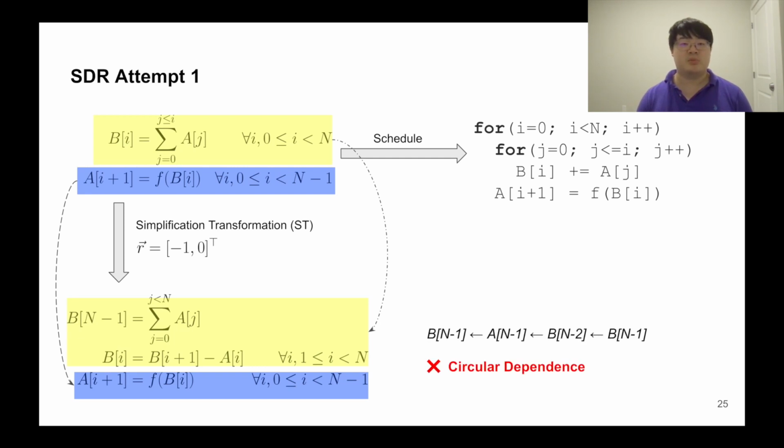Unfortunately, this output program has a dependent cycle. For example, observe that to compute b[n-1], we need a[n-1], and to compute a[n-1], we need b[n-2], which then we will need b[n-1]. This was the very thing we were just trying to compute.